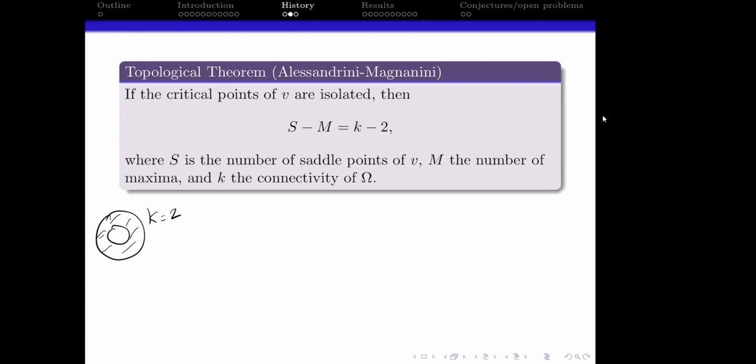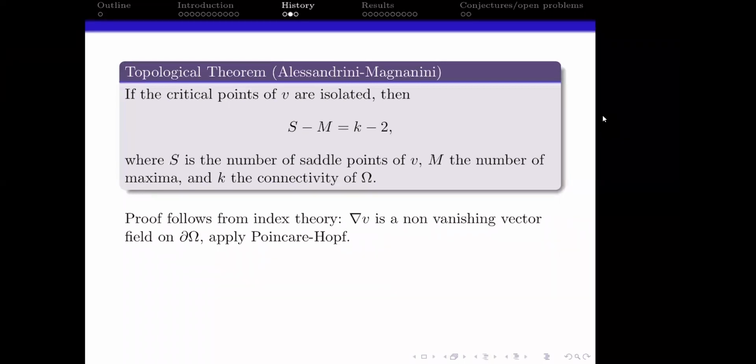The only way I can explain this is a sort of fake proof. It's not exactly the same thing, but suppose you look at gradient V. This is non-zero, as we observed, so it's a non-vanishing vector field on the boundary of omega. Now you apply this famous theorem of Poincaré-Hopf. For students who have seen some complex analysis, this is very crudely like a winding number argument.